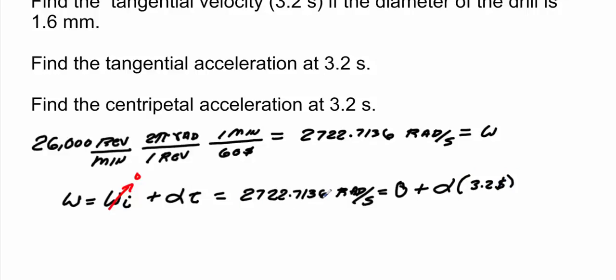We'll divide this side by 3.2 seconds. And when we do that, we will find our angular acceleration will equal 850.848, and those units will be in radians per second squared. Okay, again, that is our angular acceleration.